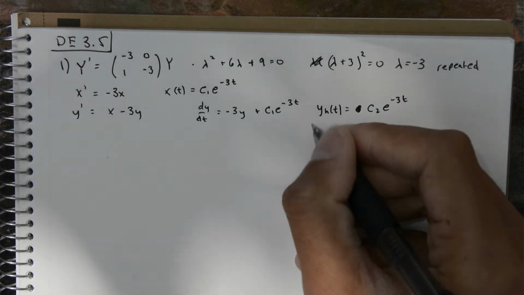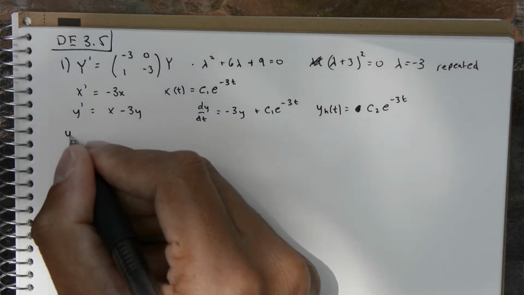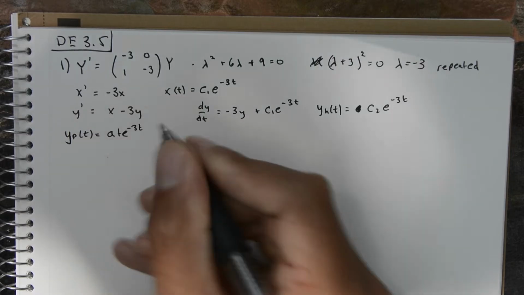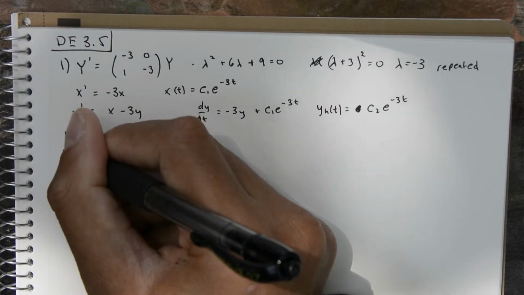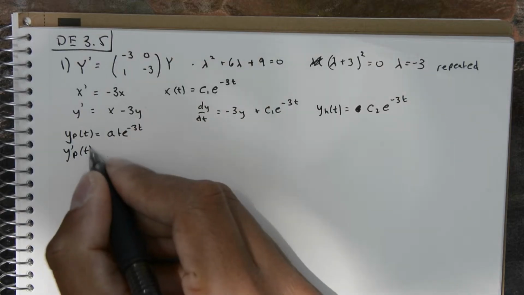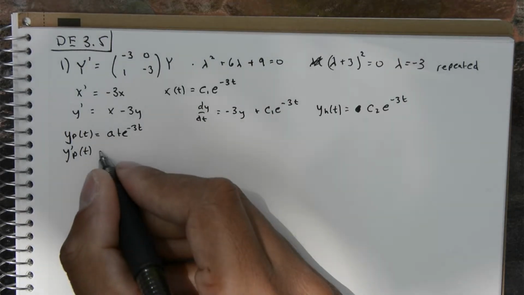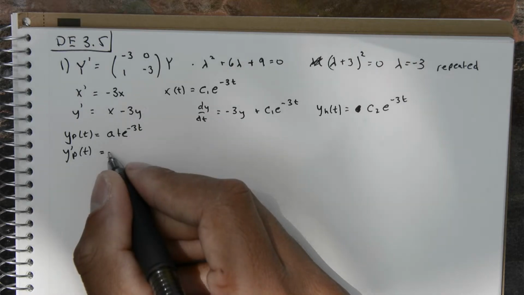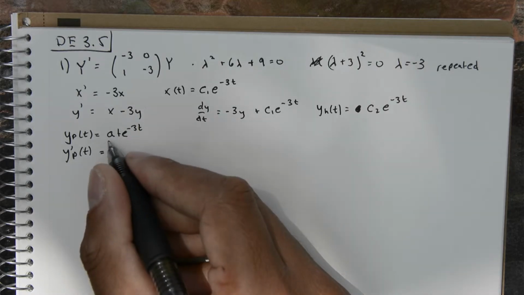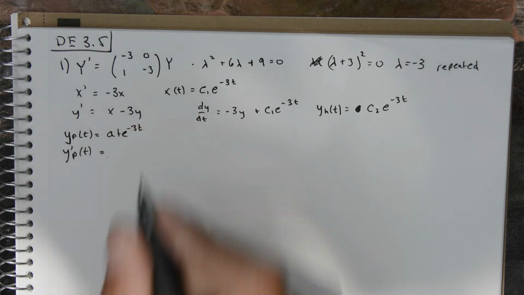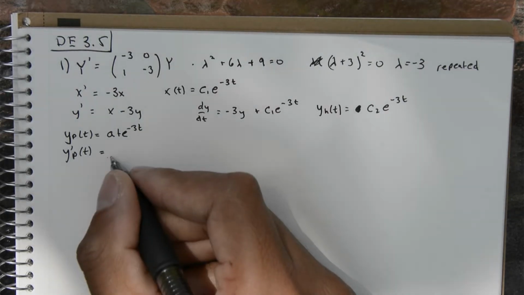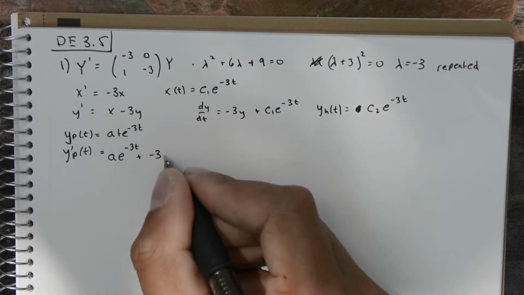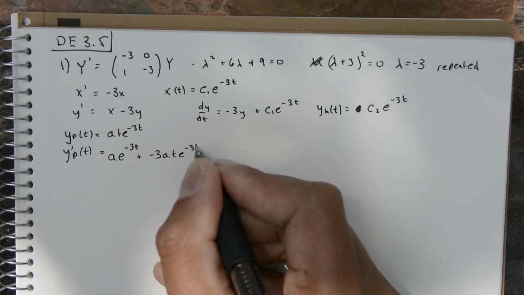But then we have to guess our particular solution, so we guess that y_p of t is equal to a t e to the minus 3t, and then we take the derivative of this. We need to do the product rule here. So then we get a e to the minus 3t plus minus 3a t e to the minus 3t.